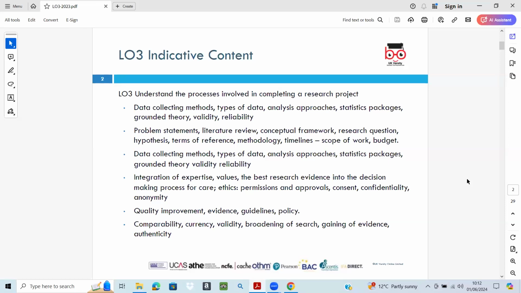So data collection is the foundation to your research project, and you might use surveys and questionnaires. These are useful for collecting quantitative data from a large group. Then we have interviews, and these are suitable for gathering detailed qualitative insights.